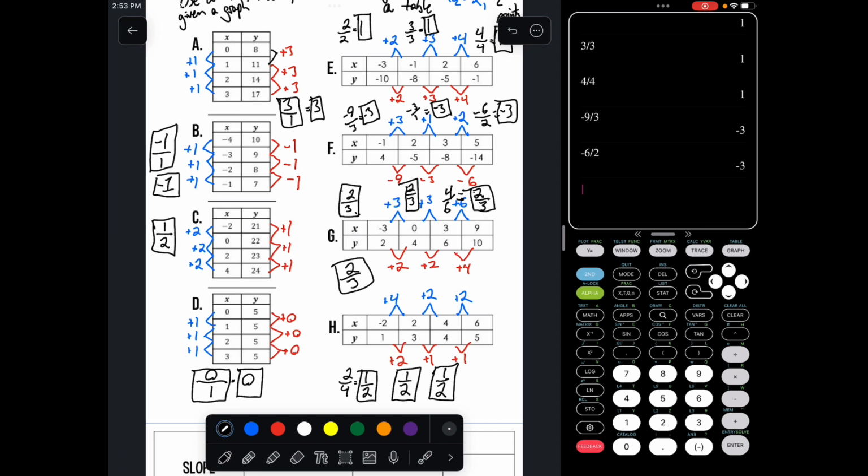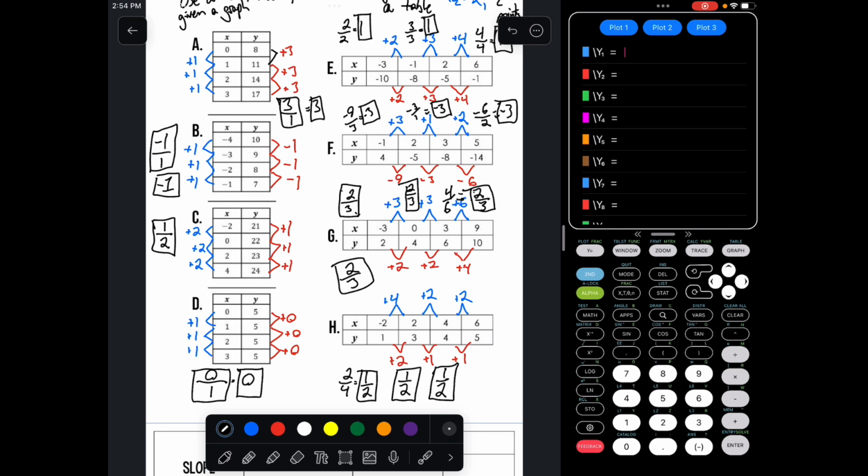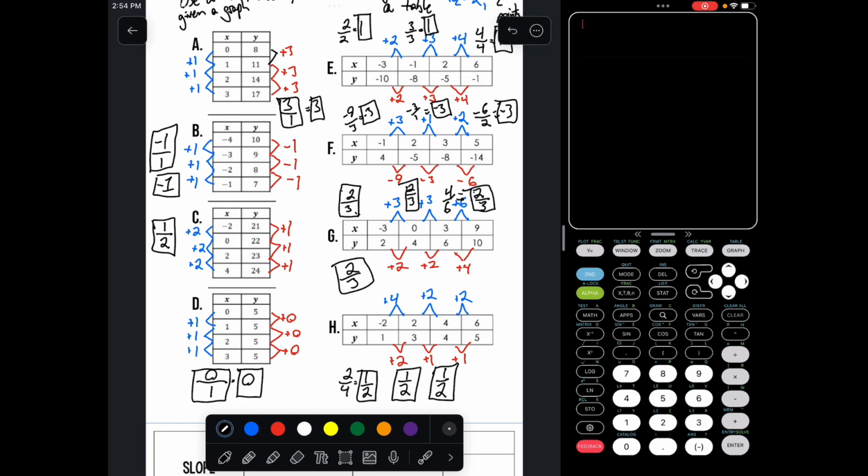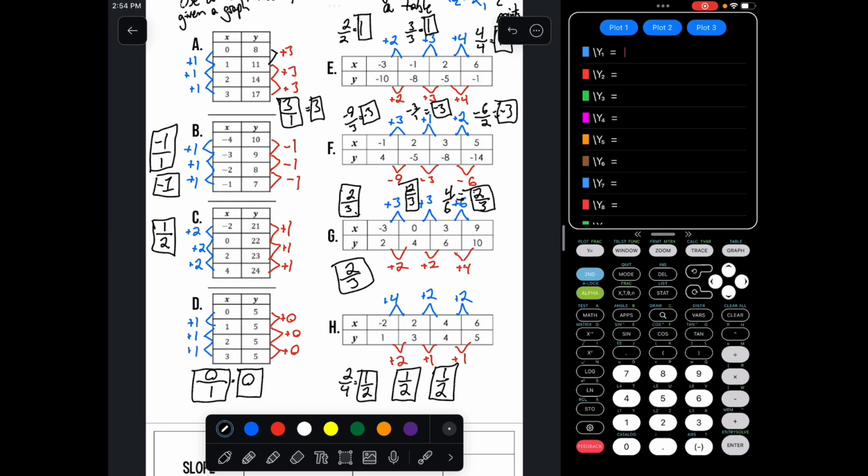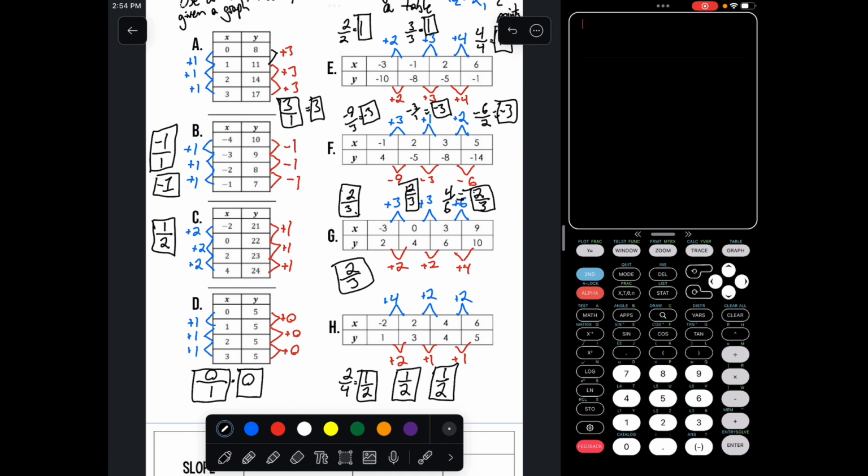If you're confused about the fractions and reducing, remember you can use your calculator for that. Let's take this example, negative 6 over 2. You can put that into your calculator. You do alpha y equals, you get your fraction.